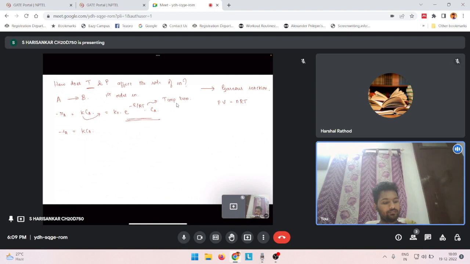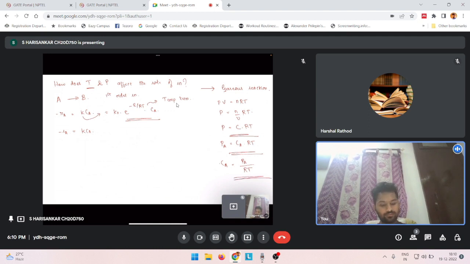If you take this V this side, we'll have P is equal to n by V into RT, and this n by V is what? Concentration C. C into RT. Now you can extend this to partial pressures as well. So PA is the partial pressure of A, and that will be equal to CA, which is the concentration of A, into RT, right? So from this, you can write CA is equal to PA by RT.